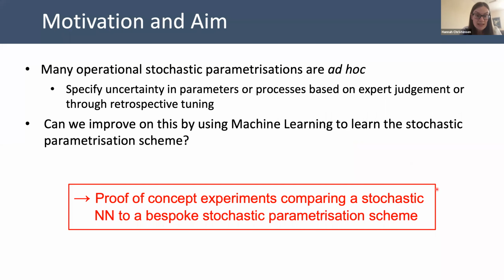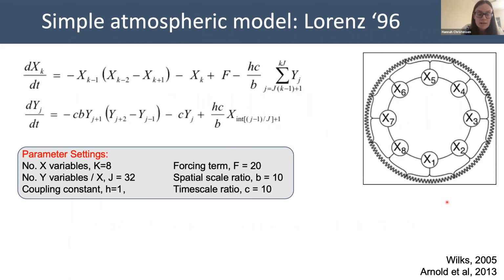And so what we've then done is a set of proof of concept experiments where we're comparing a stochastic neural network to a bespoke stochastic parametrization scheme that's really been designed for the system that we're working with. And the system that we've chosen to do these tests in is called the Lorenz 96 system. So this is a very idealized model of the atmosphere, which was proposed by Ed Lorenz.